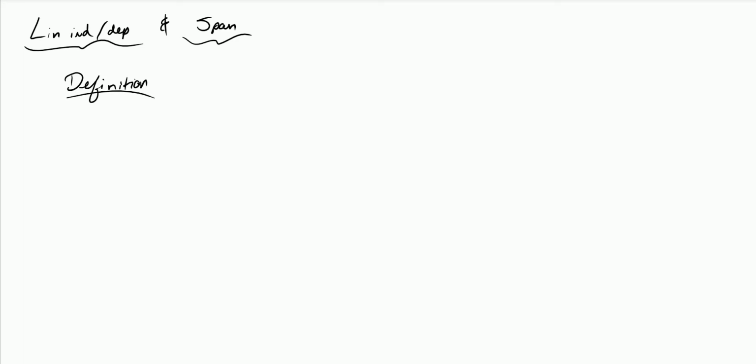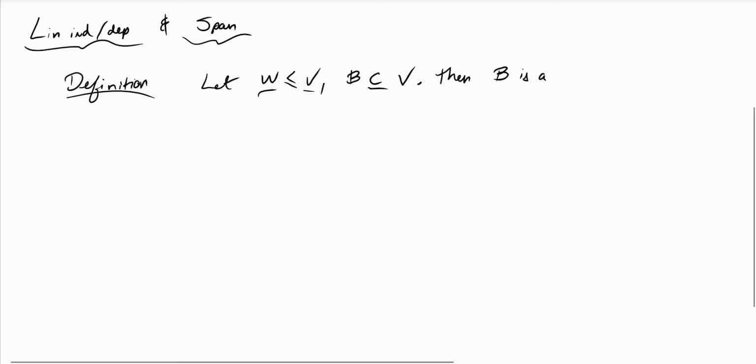Okay. So let W be a subspace of V, where obviously W and V are sets, and let B be a subset of V. Then B is a basis of W if the following two conditions are met.